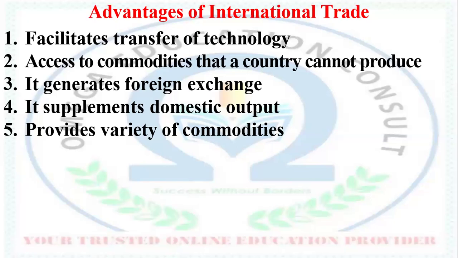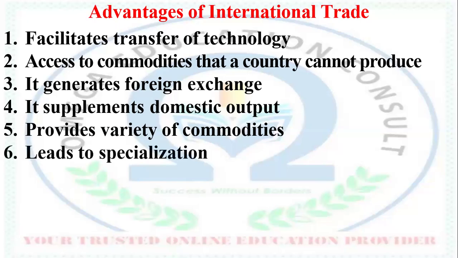Other countries also, the US, for instance, produces Ford, but the citizens also want different variety of vehicles to use. So they are importing cars from Korea, from Japan, from China, from Germany, from France, and so on and so forth, right?